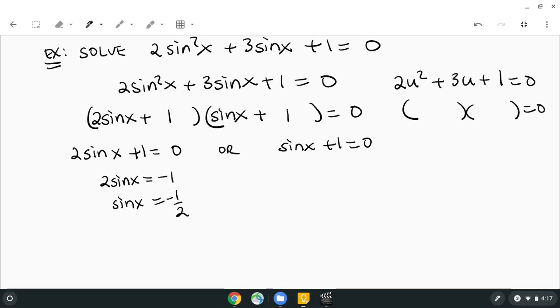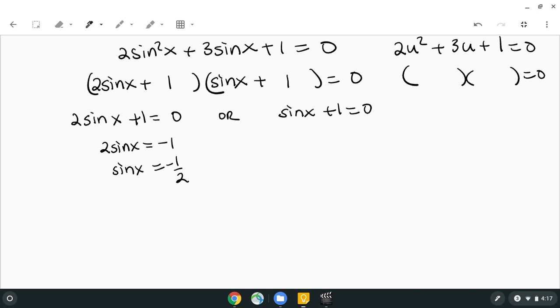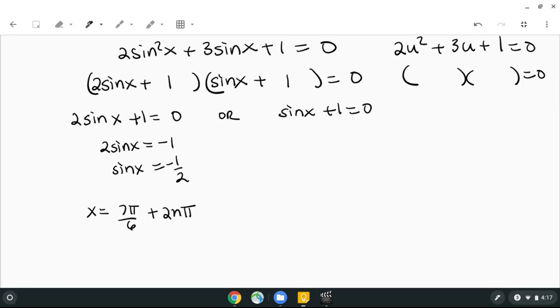Okay, so we already did this one. This one was at the very beginning problem, right? So we already know the answer to this. It's going to be all the 7 pi over 6s and all of the 11 pi over 6s.